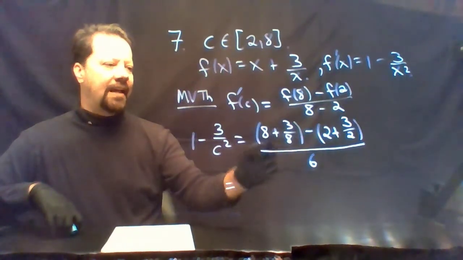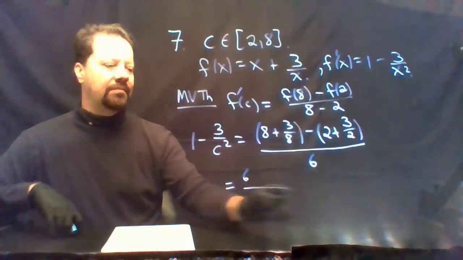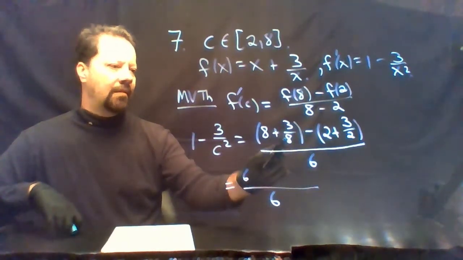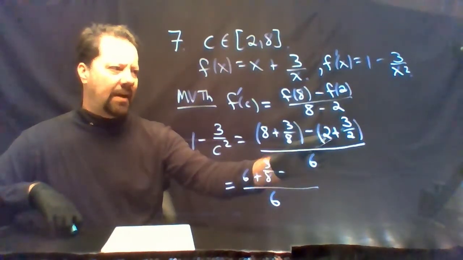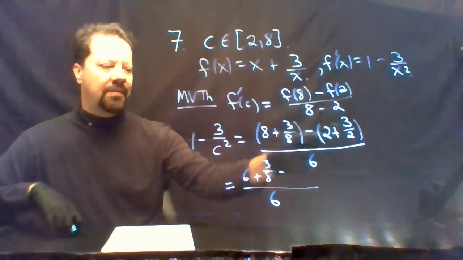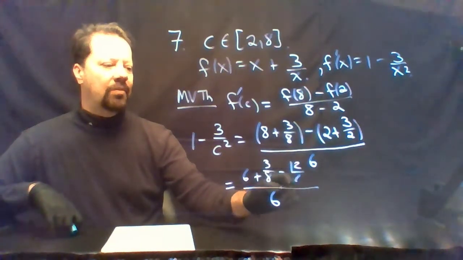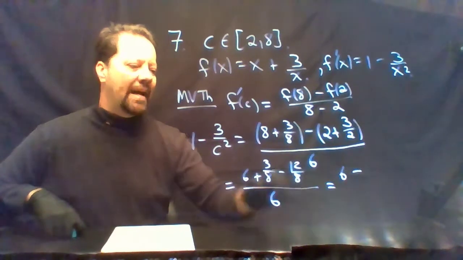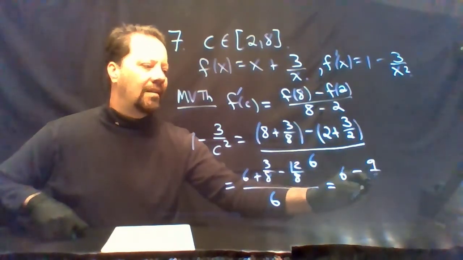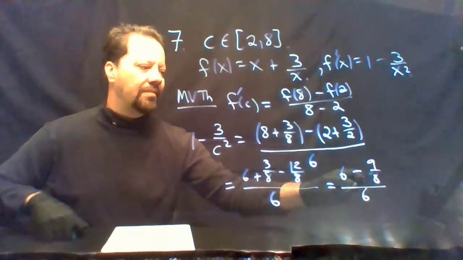We have then 8 minus 2 is 6, plus 3/8 minus, let's convert to eighths here, 12/8. That's going to be 6 minus 9/8 over 6.